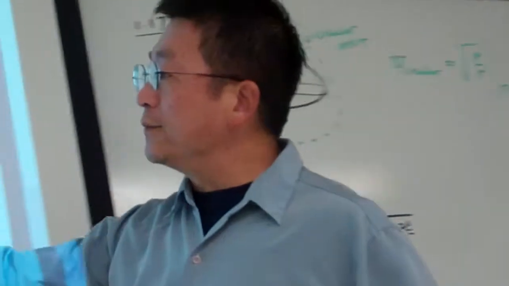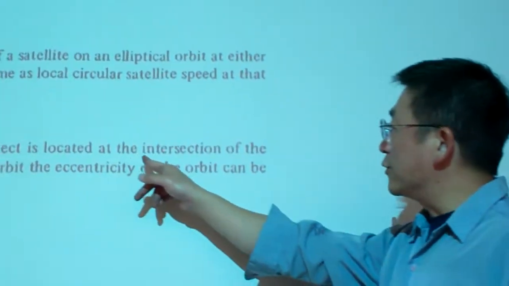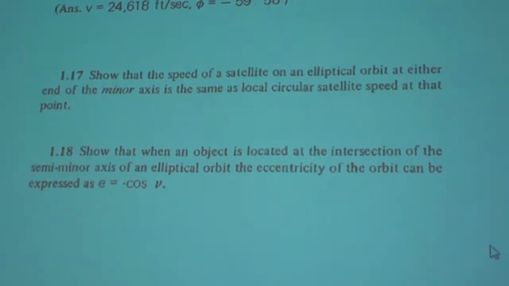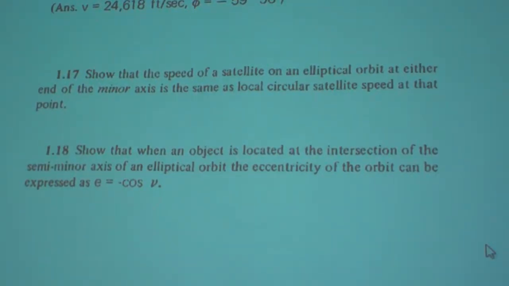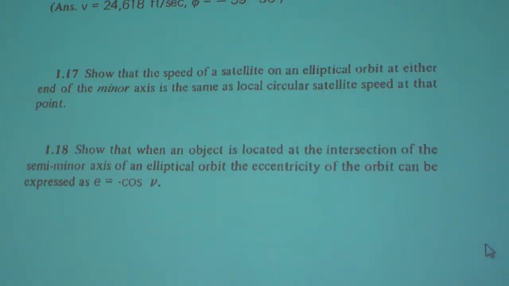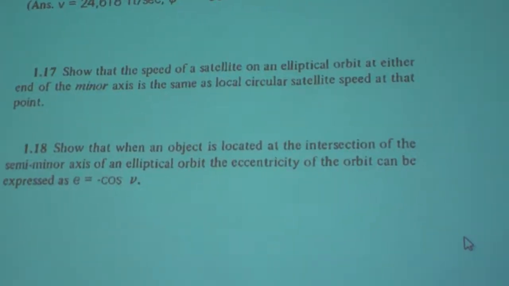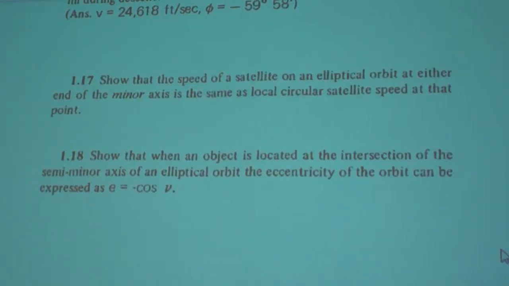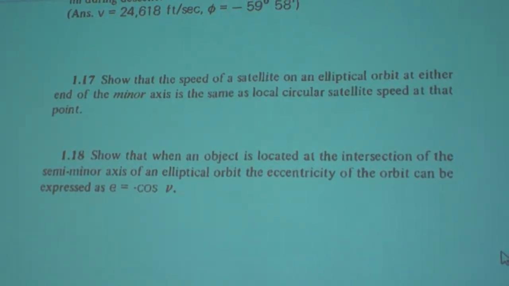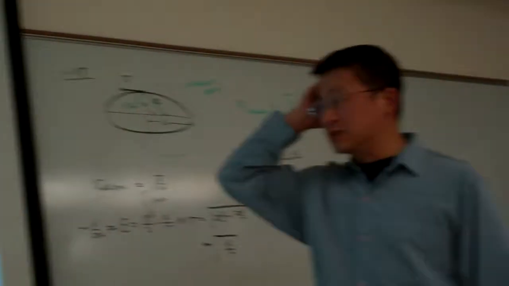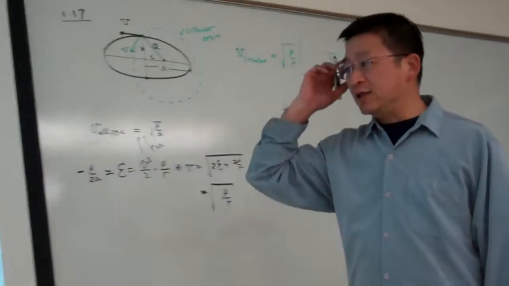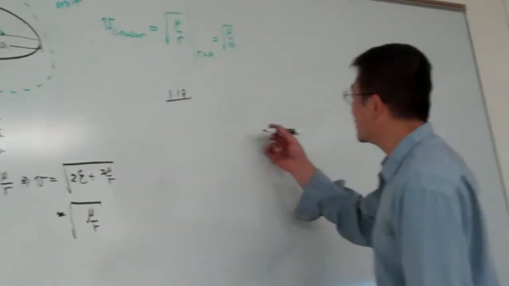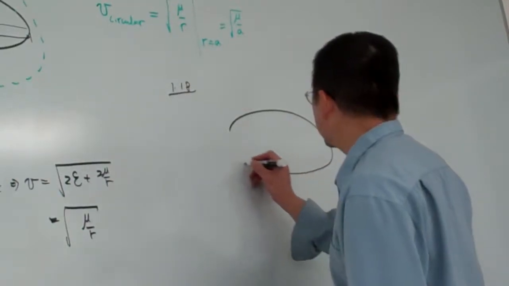Okay. The next one shows that the object is located again, 1.18. Anyhow, I spotted here, I didn't spend time to understand this one in detail, but I spotted the semi-minor, and that indicates to me it is an elliptic orbit again.